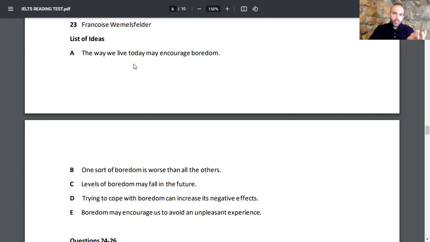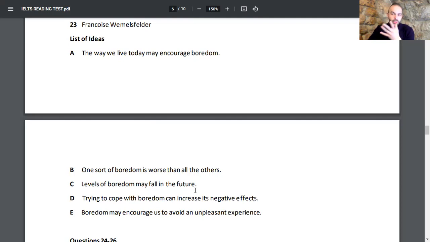A: the way we live today may encourage boredom. So the style of living today may encourage boredom. You might find this written in a different way in the text. Which person said it? B: one sort of boredom is worse than all the others.